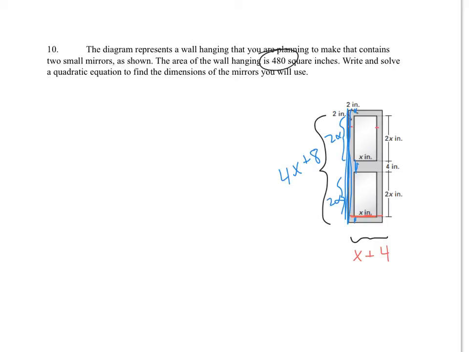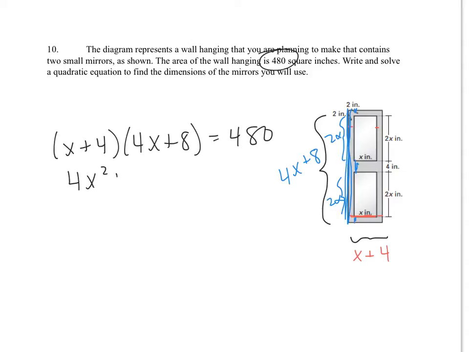Okay, so our quadratic equation looks something like this. Base times height equals 480. And now to solve this, we need to simplify and set it equal to 0. So we're going to FOIL: 4x squared plus 8x plus 16x plus 32 equals 480.